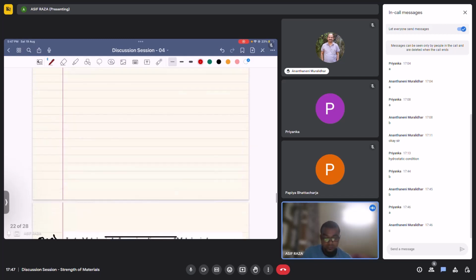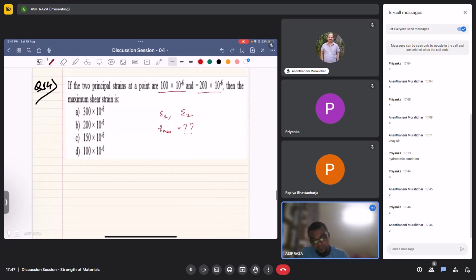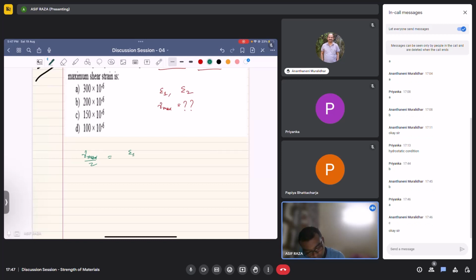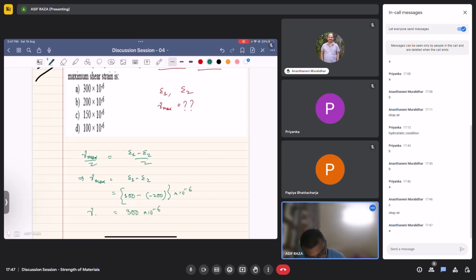So since this is a strain case, gamma max by 2 would be equal to epsilon 1 minus epsilon 2 by 2. This would give me gamma max is equal to epsilon 1 minus epsilon 2, that is equal to 100 minus minus 200 into 10 power minus 6. This is equal to 300 into 10 power minus 6. Okay, the answer is option A.